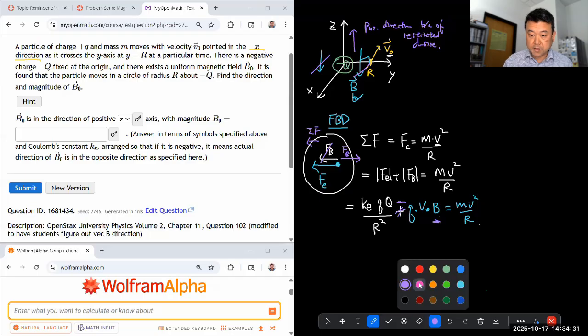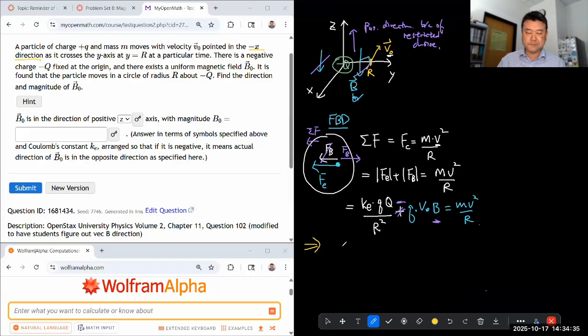So let me just get that expression here. I'm going to do most of the algebra in my head, but what I'm doing is moving this over to the right hand side, moving this over to the left, and dividing through by Q V naught. That'll leave me with B on the right hand side, which I'll write first.